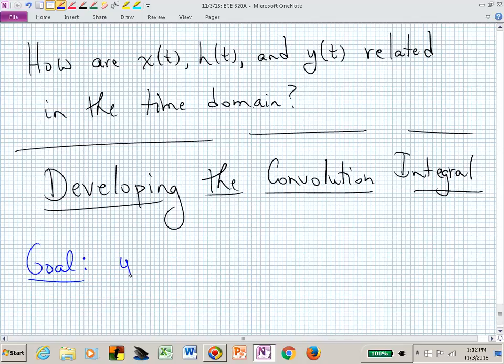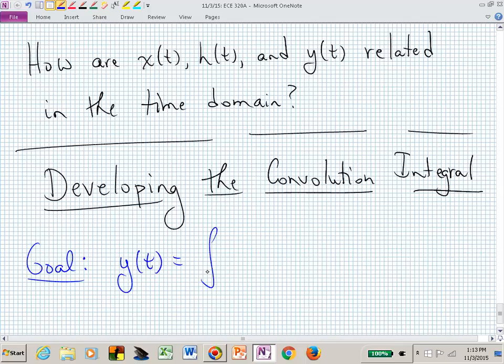Do you know what that is, just from memorization? Do you remember what the convolution integral is as an expression? If you say no, that's fine. That's a valid answer. I was just curious. No? Okay. Let me write it down so we know where we're headed.